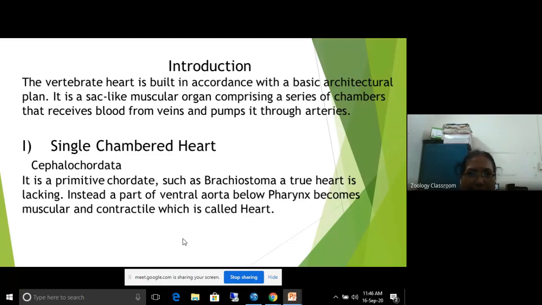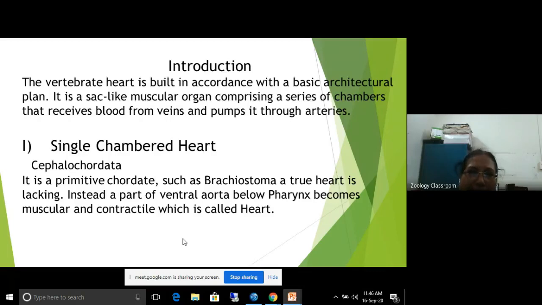Deoxygenated blood is collected by veins, and oxygenated blood is pumped or supplied to all body parts through the arteries. In the embryonic condition, there is only a tube, and this tube then divides into chambers.